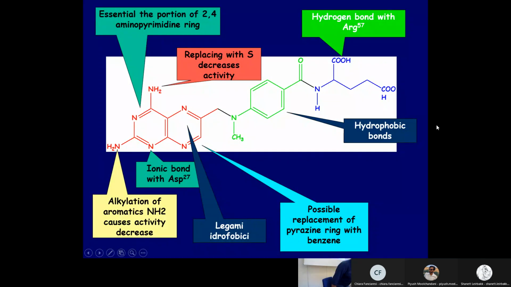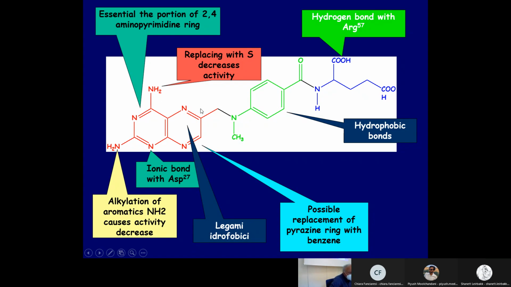Okay, dear students. So we have already described why methotrexate is so potent, because it is able to form an additional ionic bond. Here you can see the other structure activity relationships of this compound.